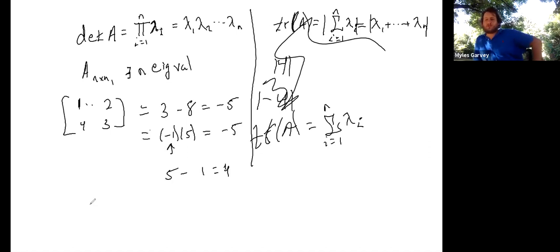I just had made a small arithmetic mistake. Anyway, sorry to ramble on too much, but these are two very interesting properties of the eigenvalues and eigenvectors that will help us very rapidly compute things that otherwise take quite a bit of time.